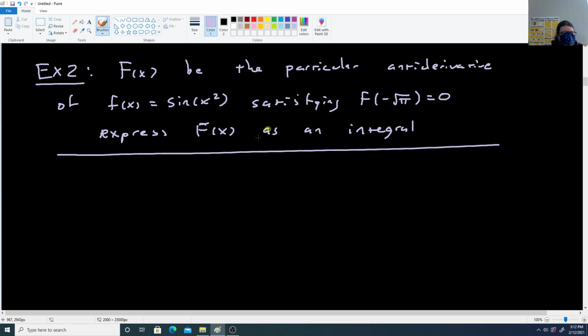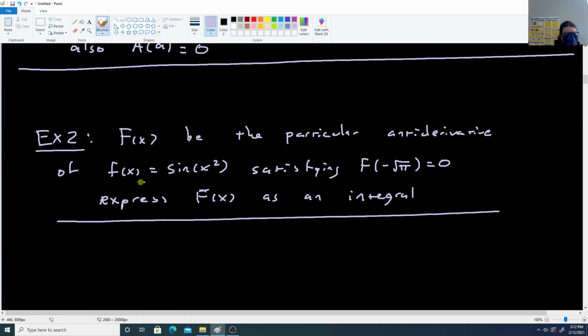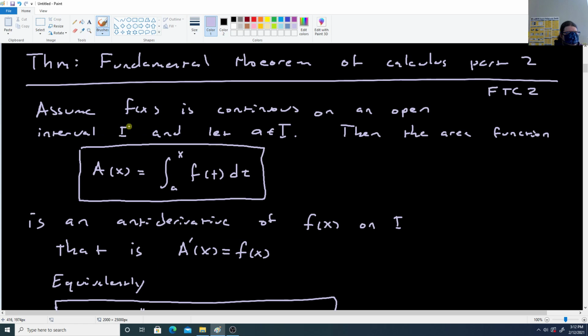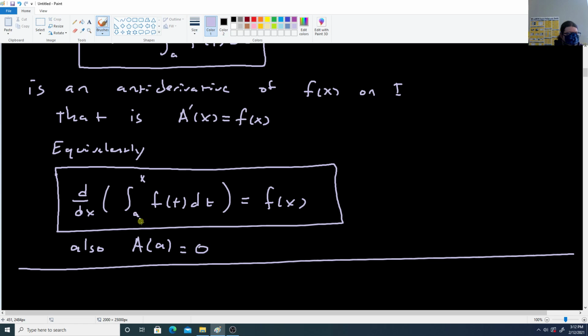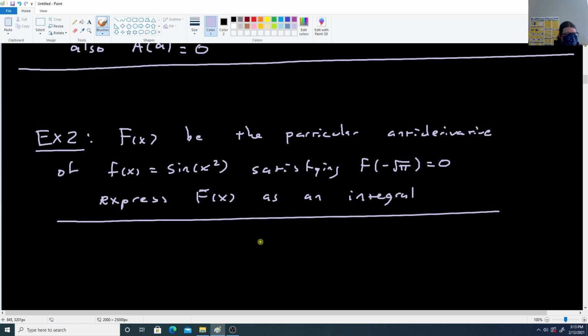Okay, so we're going to use a couple things here. Up here, they say that this area function is an antiderivative of f of x on I. So they're saying capital F of x is an antiderivative of little f of x equals sine of x squared. So we need to construct an area function based off of that. And then we're going to use that the area function evaluated at a, the lower limit, is 0. And that's going to let us get this initial condition here.